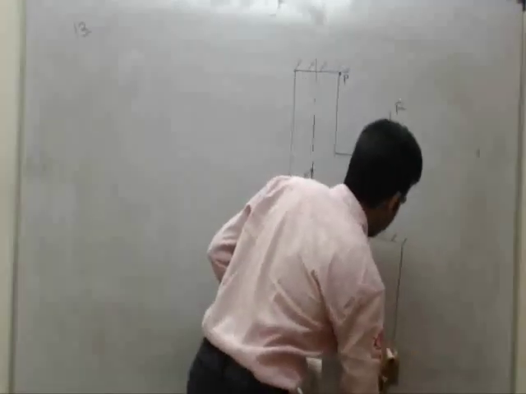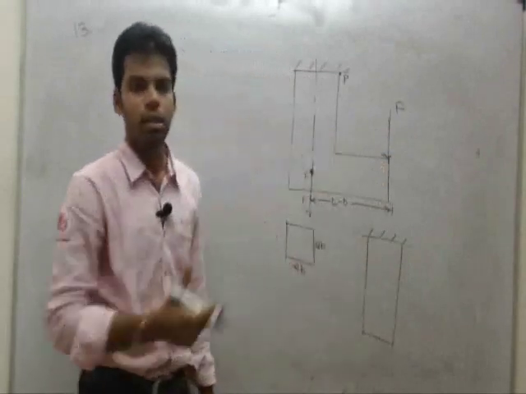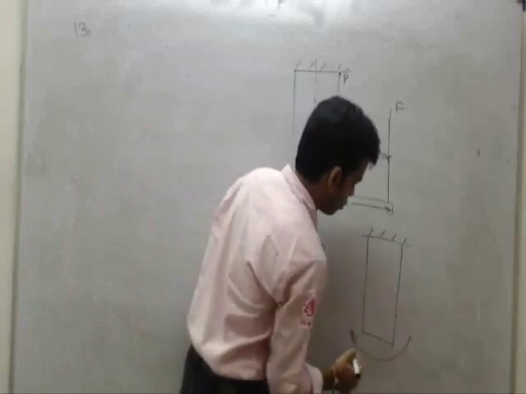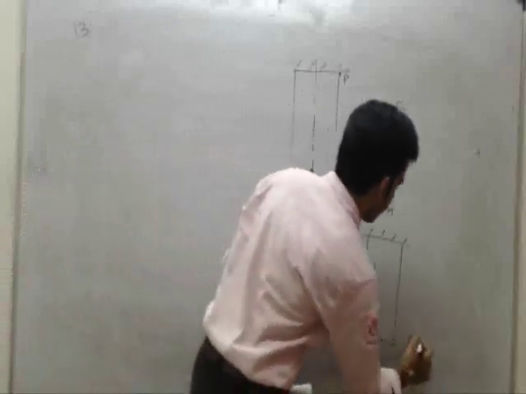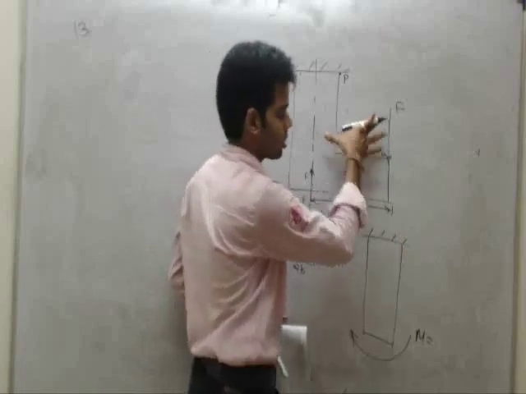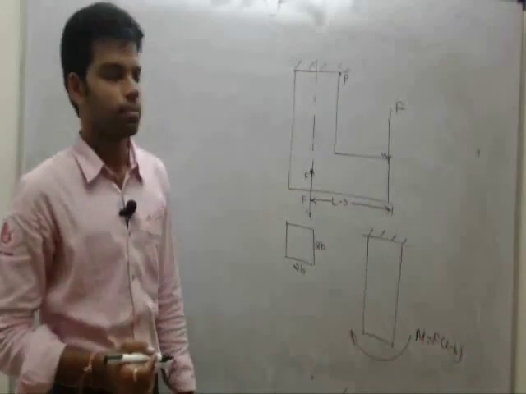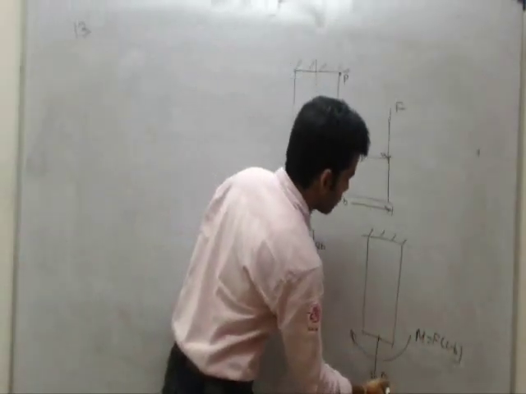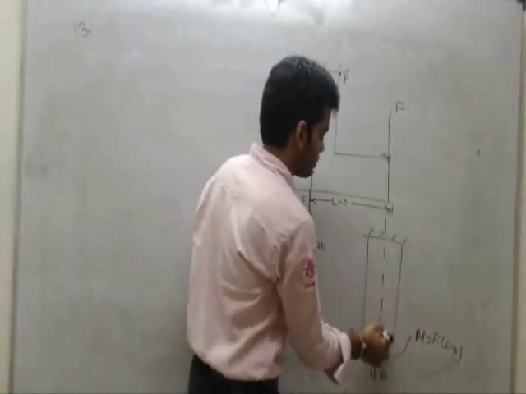This F and this F together create a couple, a clockwise moment, so this will be a couple M. The value of this M will be equal to F into the distance between the two, so F into L minus B. Second thing, this force F is left, so a tensile force F will be left here. Getting this? So this is an equivalent section.